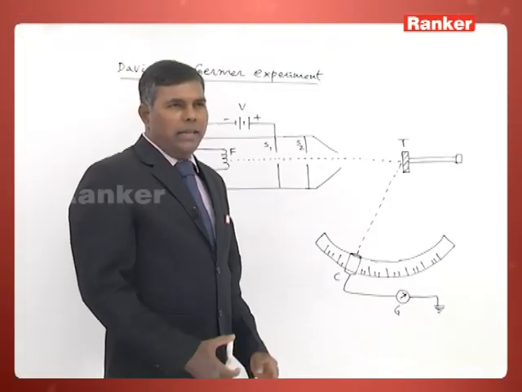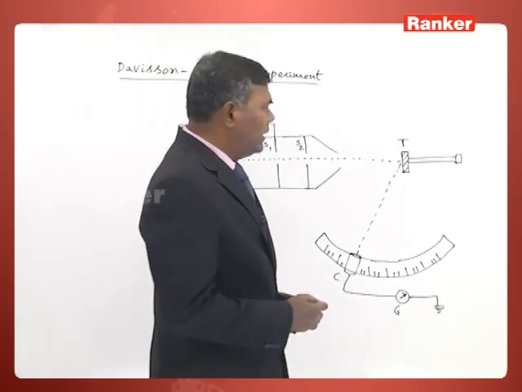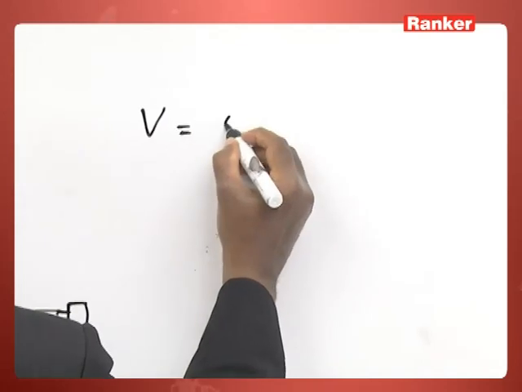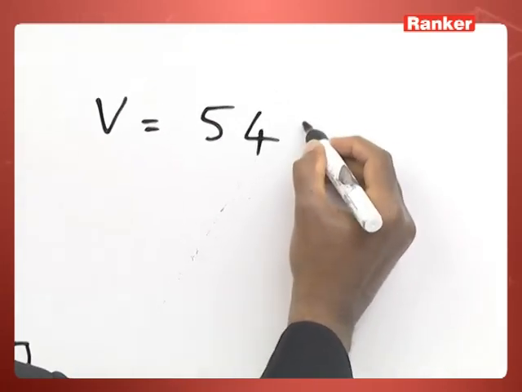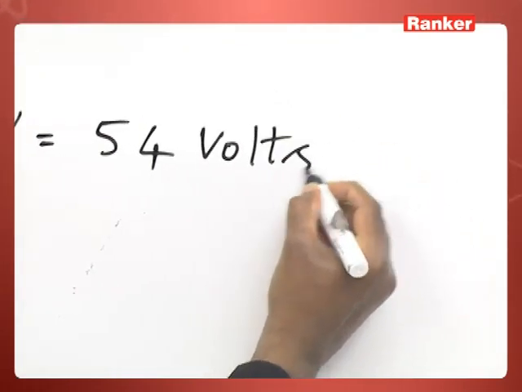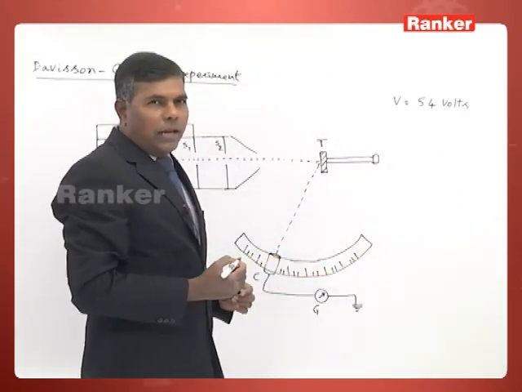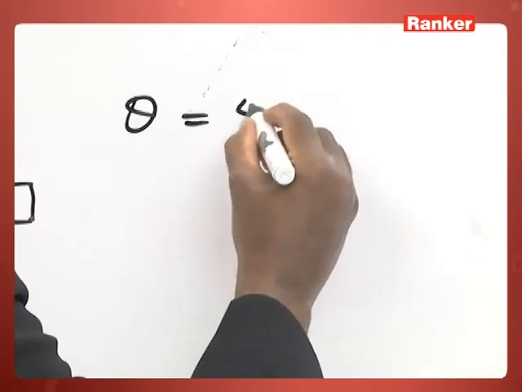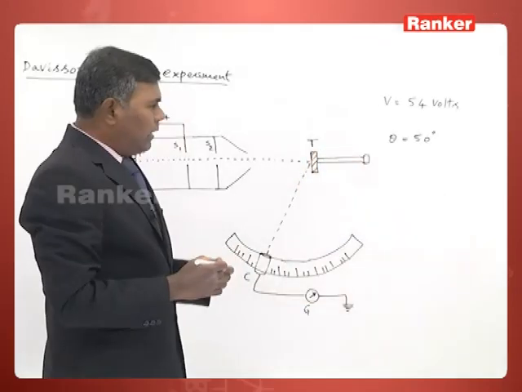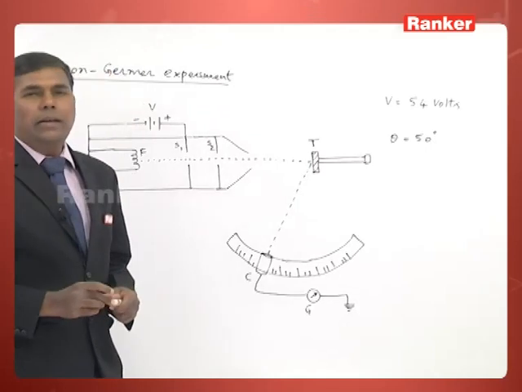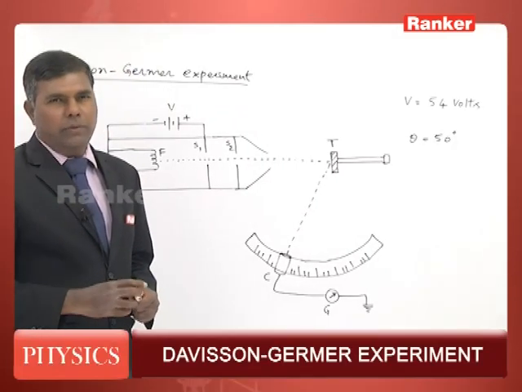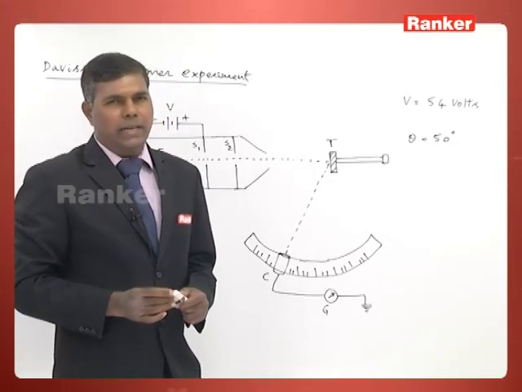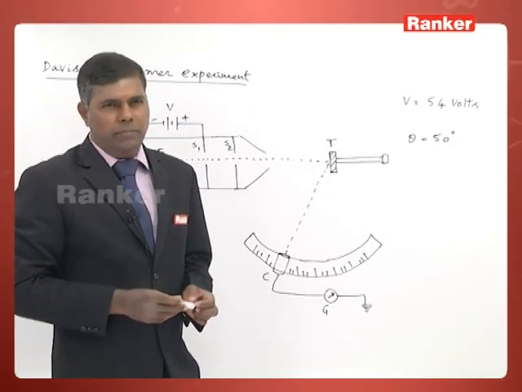It is observed that the electron beam has a very large intensity when the applied potential V is equal to 54 volts and the angle of deflection theta is equal to 50 degrees. When the angle of deflection is 50 degrees and the applied potential is 54 volts, the electron beam intensity is maximum. Using this data, we can calculate the wavelength of the electron beam.